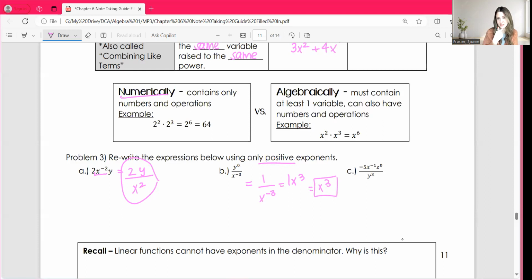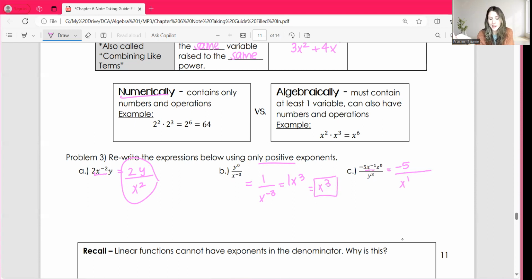And now let's check out C. So we're going to go through it each term at a time. -5, there's nothing wrong with a -5. I'm just going to leave it as a -5. X to the -1, right? If I just look at x to the -1, I have a problem with it, right? Because it's a negative exponent. So I'm going to move it to the denominator to make it positive.